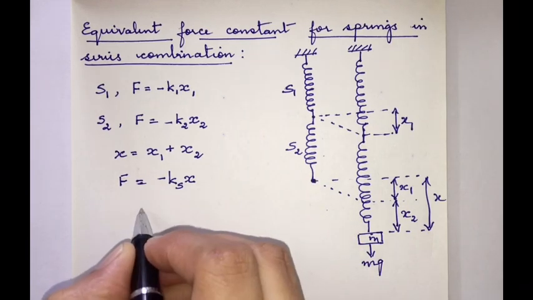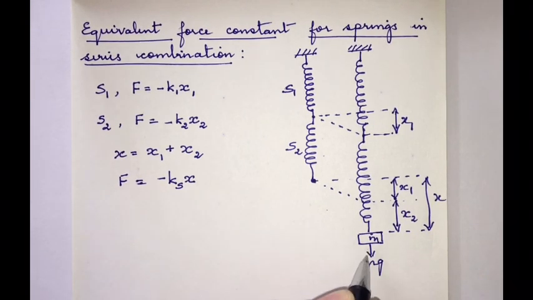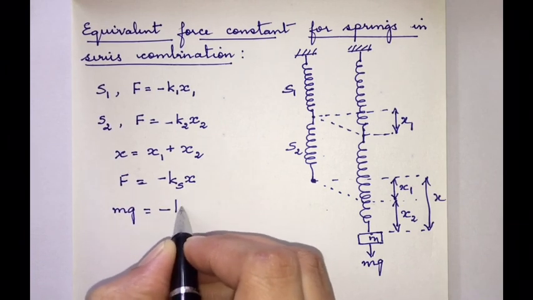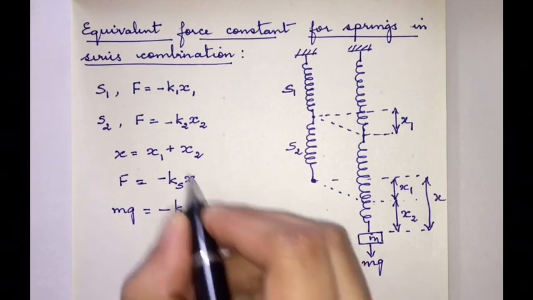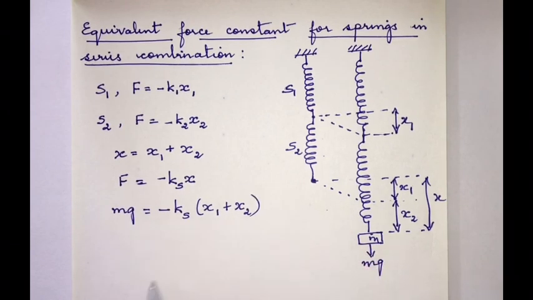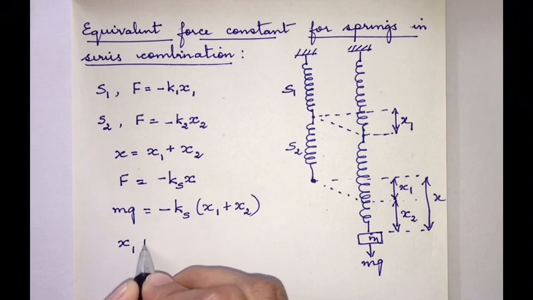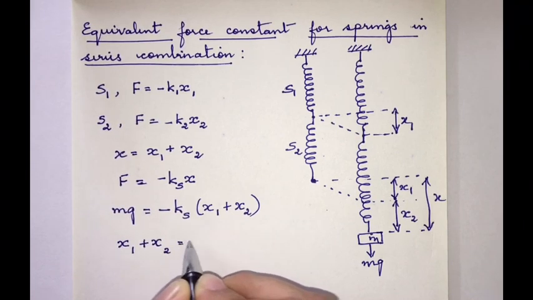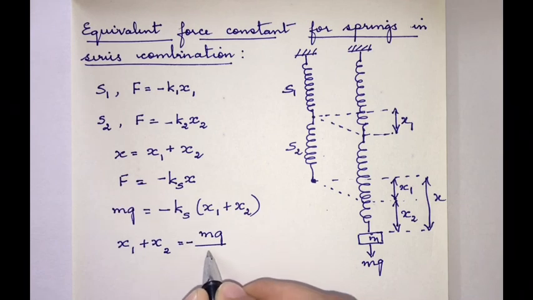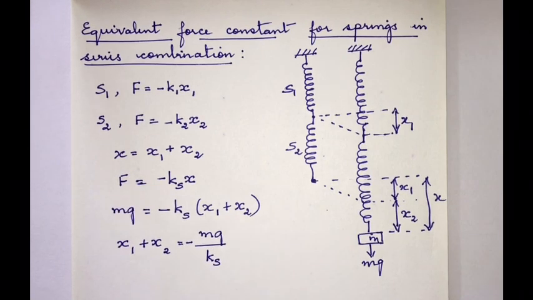Or I can write the force F as m into g is equal to minus Ks into x, which can be written as x1 plus x2, or x1 plus x2 is equal to m into g by minus Ks.